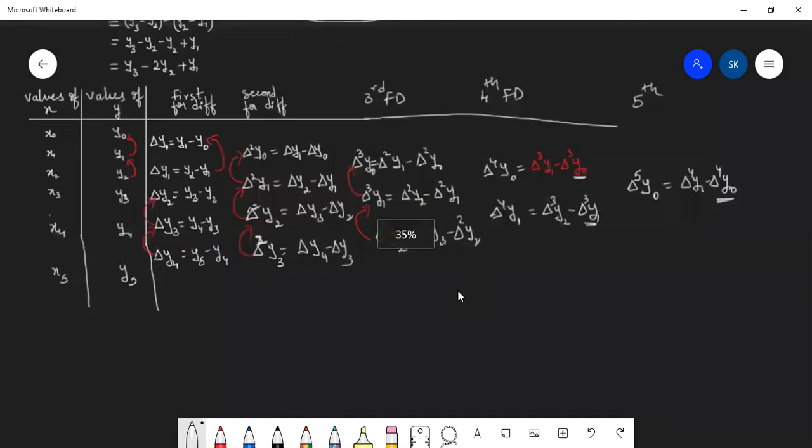Till now you have only learned to form a forward difference table. You are doing nothing with it. You just framed and calculated the values.